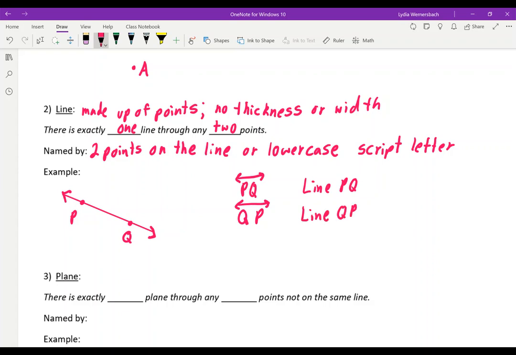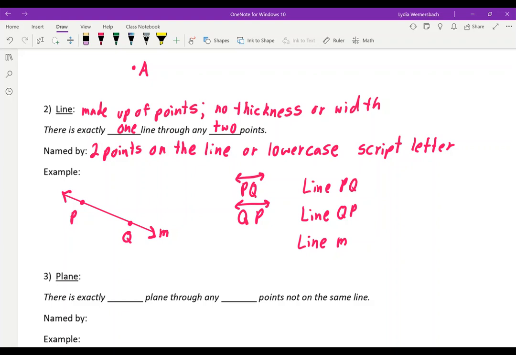Now, you also might see next to this a little lowercase letter like an M. That M is not a point. That M is a reference for the line. It is that lowercase script letter. So we can also call this line lowercase m. We can't call it line M and put an arrow on top of it. That's only permitted for the 2 points.